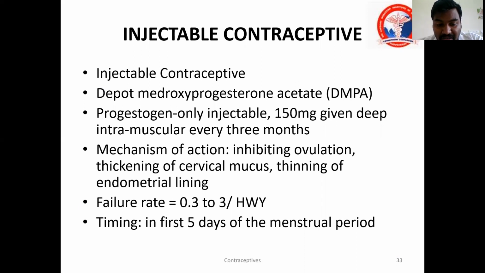It should be used within the first 5 days of the menstrual period, and repeated once every 3 months. So the main benefit is that the woman need not maintain a reminder or calendar. In OCP, a reminder is needed each day. Compared to that, this is once in 3 months.